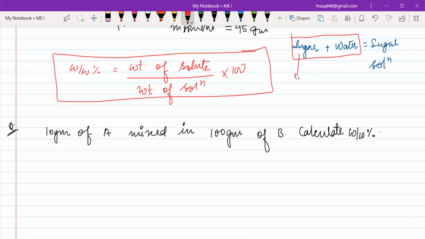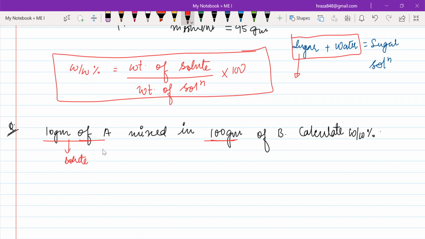Why did you take sugar as a solute? Because it is less in number than the water. Why are you saying that 100 gram is solute? Isn't it greater? 10 gram is the solute, no? The one which is lesser in quantity is solute, and the one which is greater in quantity is solvent. Yes, sir. So the answer will be 10.